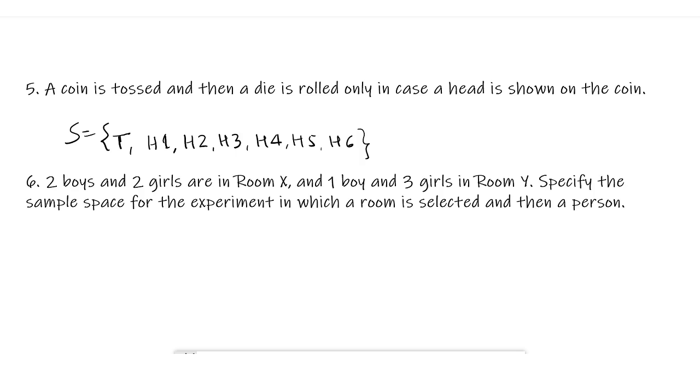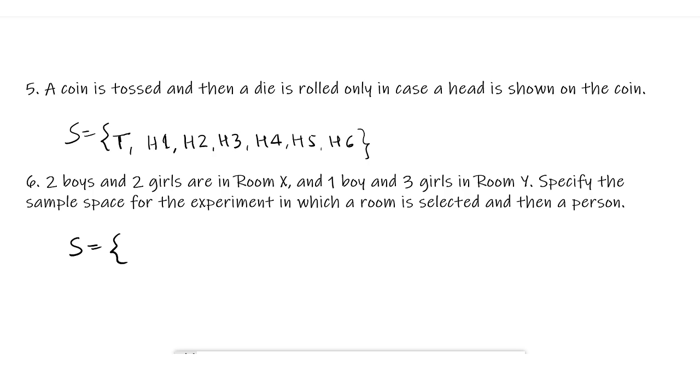Question 6. 2 boys and 2 girls are in room X, and 1 boy and 3 girls in room Y. Specify the sample space for the experiment in which a room is selected and then a person. So our sample space will be like this. We can select room X or room Y, and we can select any of the 4 persons: boy 1, boy 2, girl 1, girl 2.